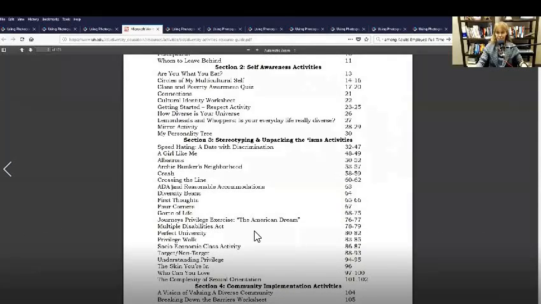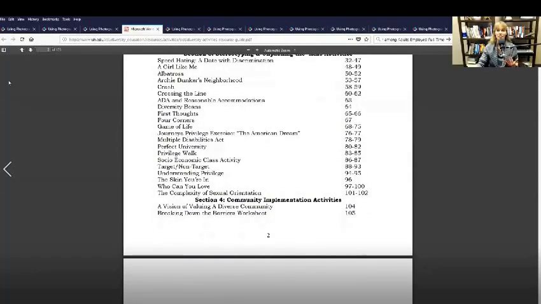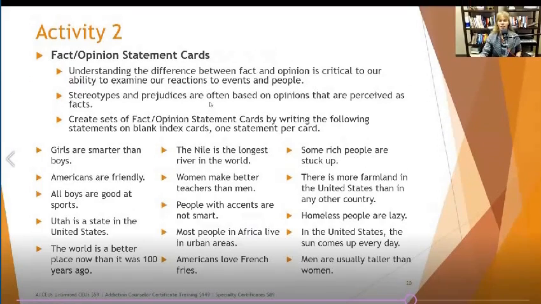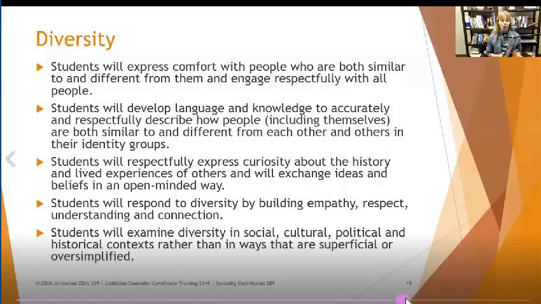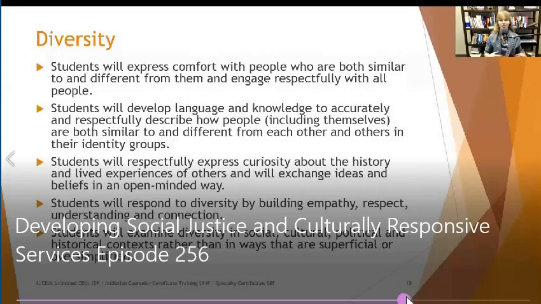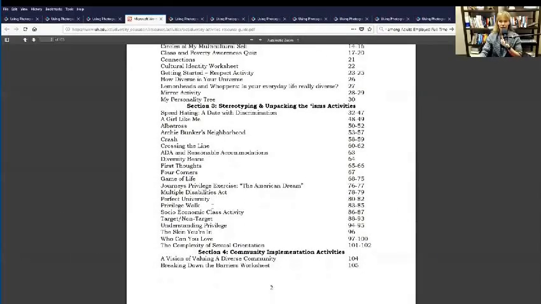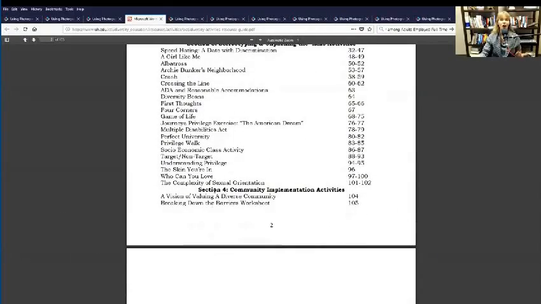Acceptance and awareness, privilege exercises, etc. Lots of really awesome activities in this. Let's see, hold on, I gotta go back and look at it. Diversity activities, resources, etc. Okay. Lots of really awesome activities in this.